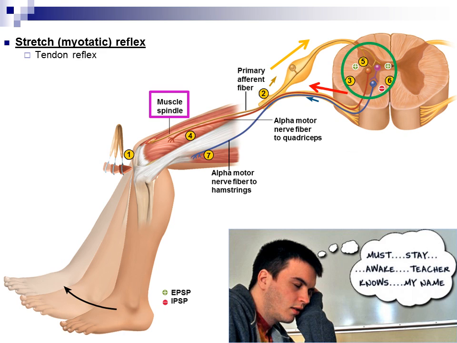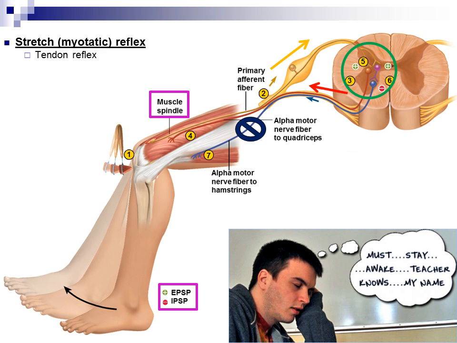This red circle with the negative symbol indicates that the release of the neurotransmitter from the interneuron onto the blue motor neuron will result in an IPSP, an inhibitory postsynaptic potential, in the motor neuron. In other words, it inhibits the motor neuron by hyperpolarizing it and making it less likely that the motor neuron will fire an action potential.